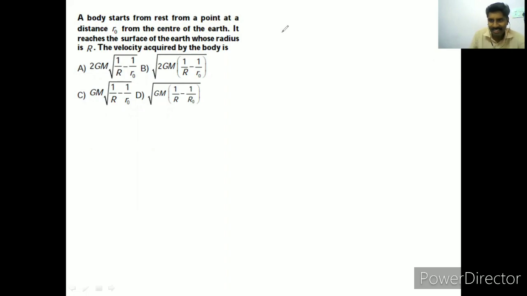Initially it is at rest, means its kinetic energy is equal to 0. It has a potential energy minus G M m by r naught, and afterwards it is going with a velocity: half m v square minus G M m by r, when it reaches the surface of the earth, whose radius we can write as r.